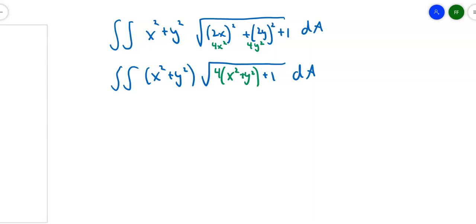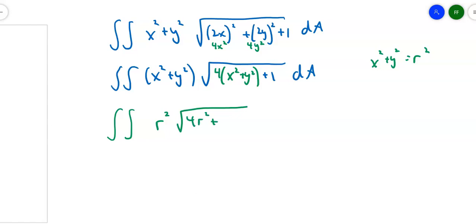Question is, what do I use now for limits of integration? So I'm going to replace all of my x squared plus y squared with r squared. Okay, so this becomes a double integral of r squared times the square root of 4r squared plus 1. Now remember, when we turn this into cylindrical coordinates, it becomes the function times r dr d theta.